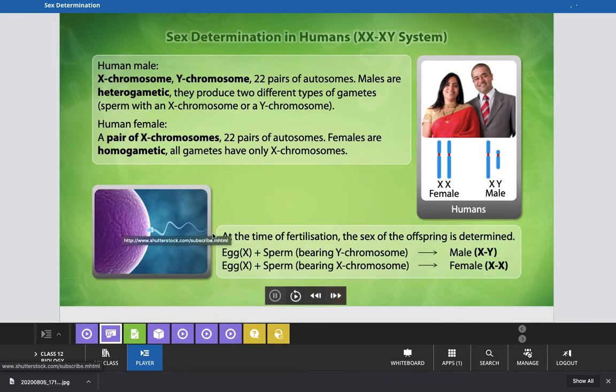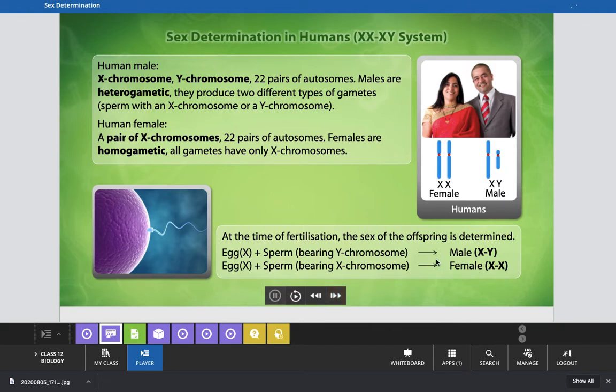Because all the eggs have the X chromosome, when this egg is fertilized by a sperm bearing the Y chromosome, it will develop into a male, that is XY sex chromosomes. And if the egg with X chromosome is fertilized with a sperm bearing the X chromosome, then a female will form from this zygote with the XX mechanism.